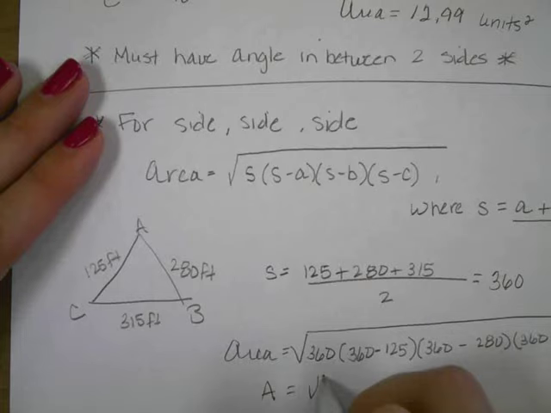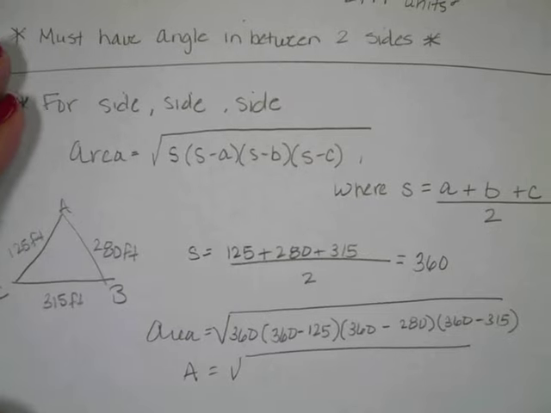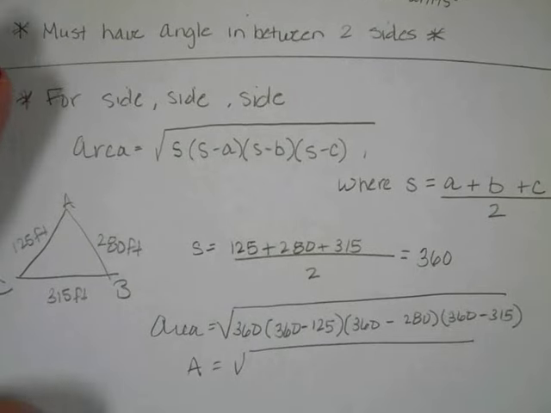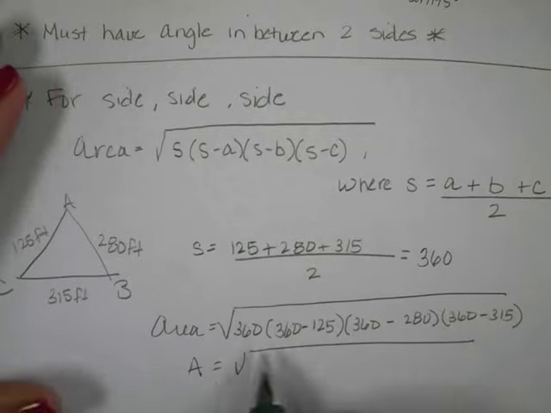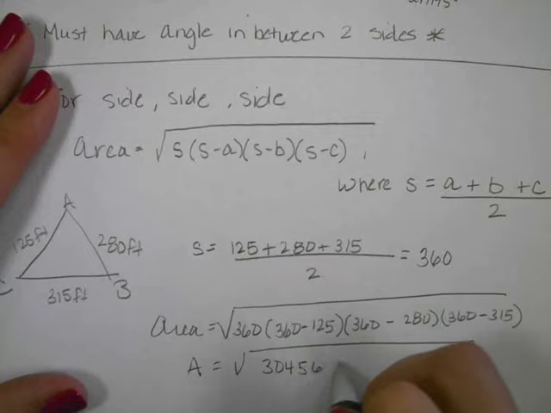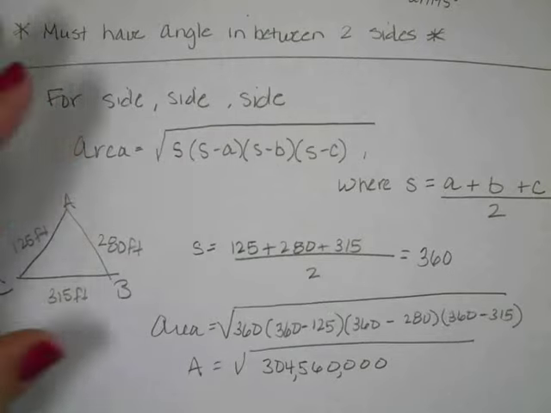All of that goes into your calculator, and I'm going to get underneath the square root 304,560,000.